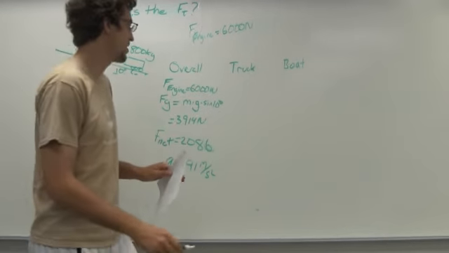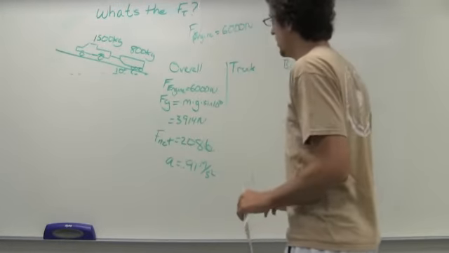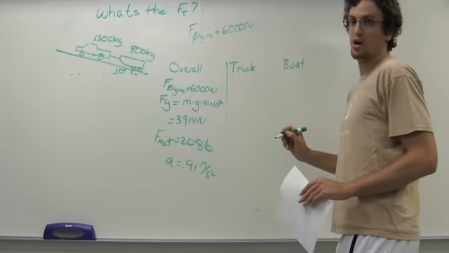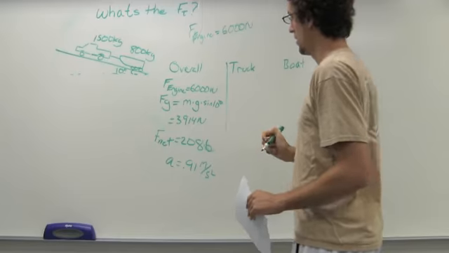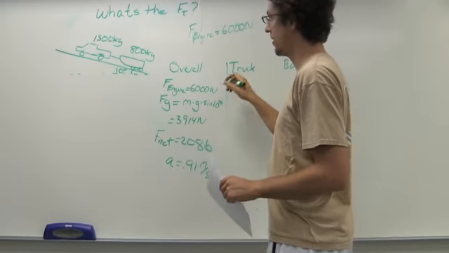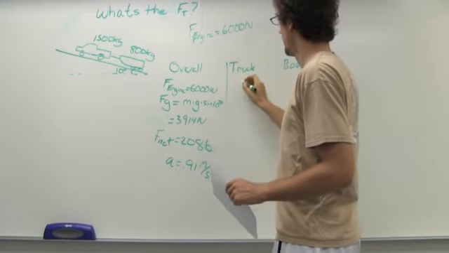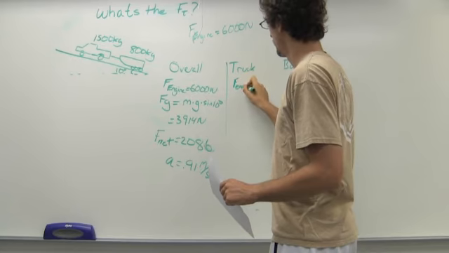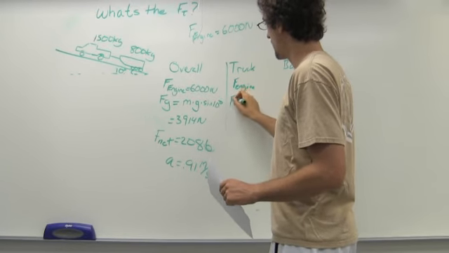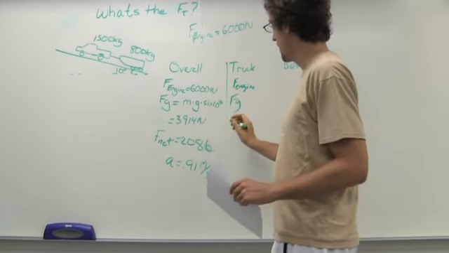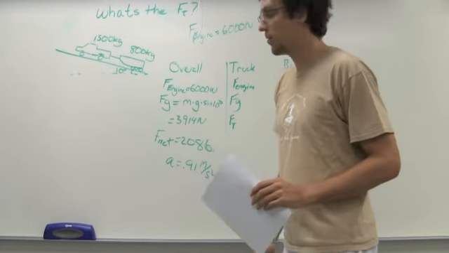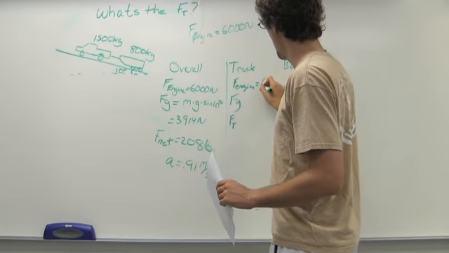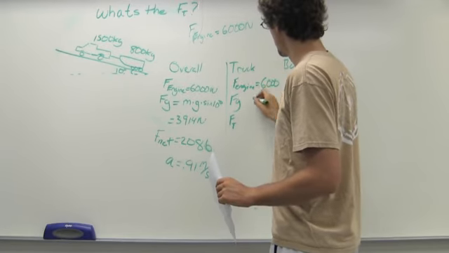Now let's look at the truck. Let's divide right there. On our truck, we have three forces acting. We have the engine, because the engine's in the truck. We have gravity, just the gravity of the truck. And we also have the tension force, or the force of the cable. We know the engine is going to be 6,000.